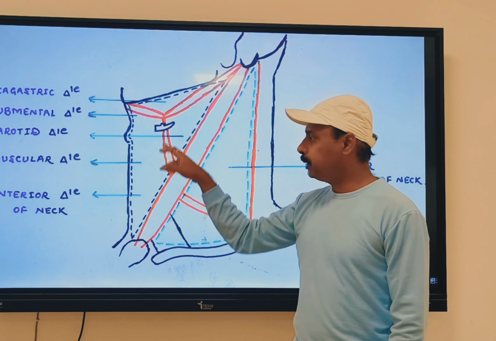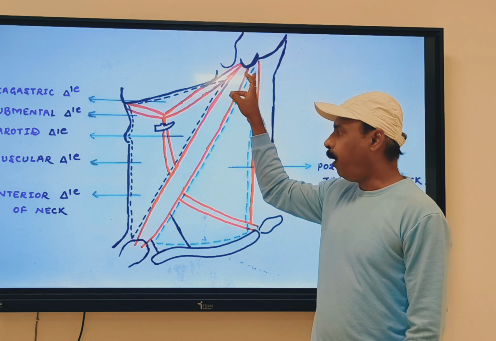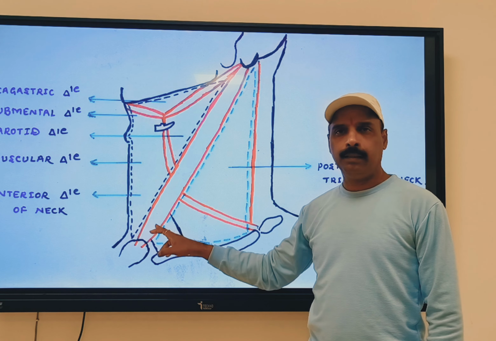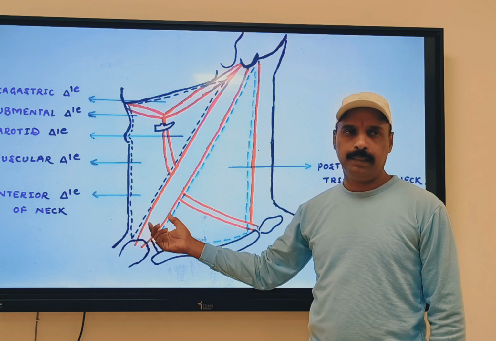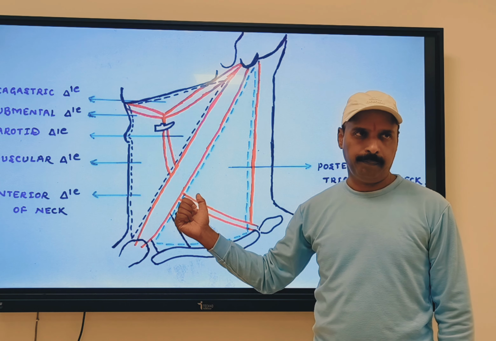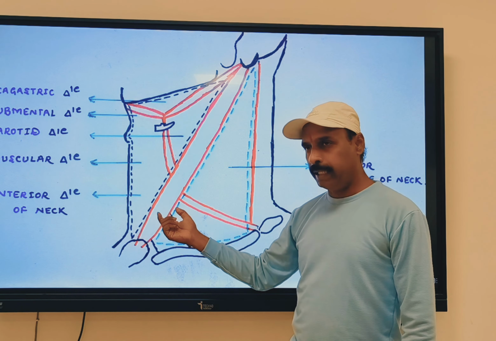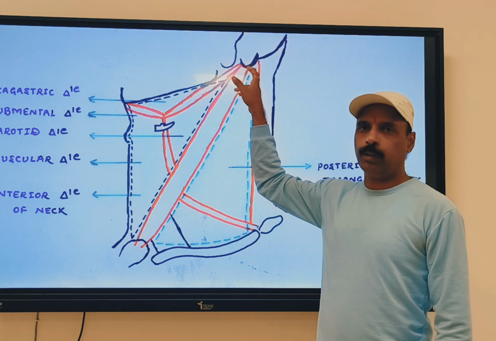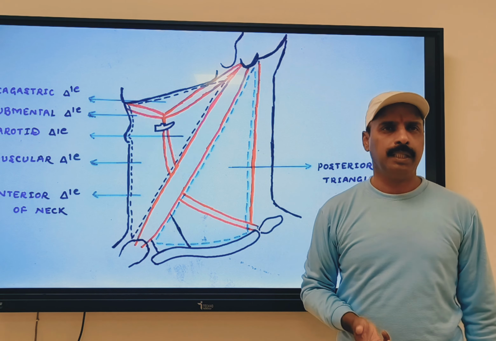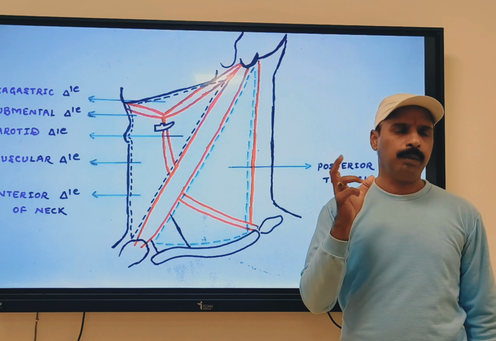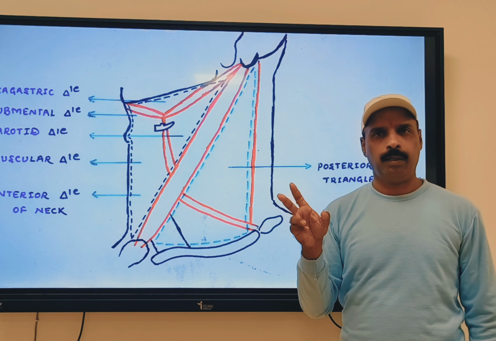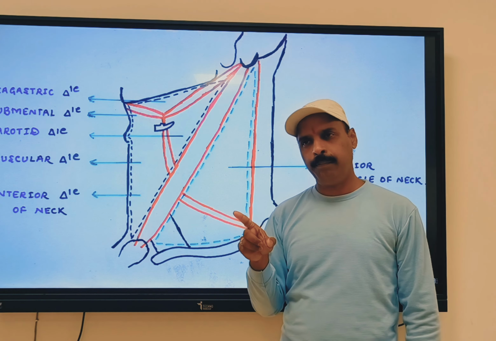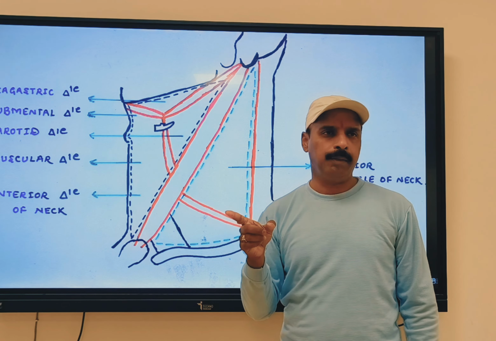This quadrilateral space of the neck is obliquely divided by one main muscle of the neck, the sternocleidomastoid. This sternocleidomastoid extends from the sternum to its insertion at the mastoid. The name itself gives its origin and insertion. Very important to remember: sternocleidomastoid. Sternal head from the sternum, cleido is the clavicular head.